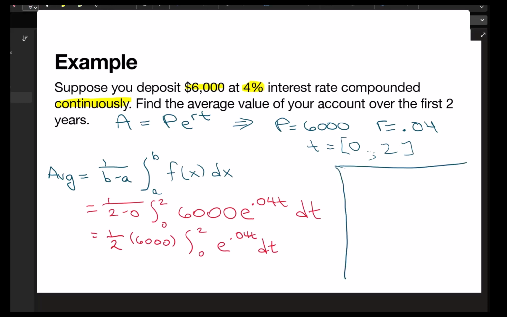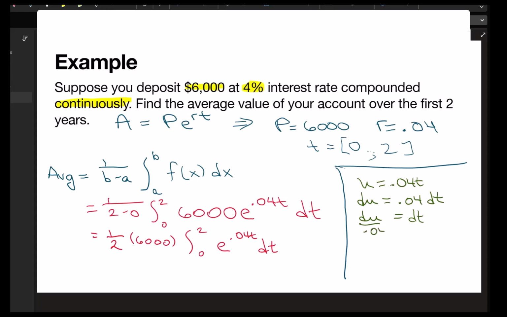I don't have a formula for the integral of e to the 0.04t dt, but I can use substitution. u is equal to 0.04t, du is equal to 0.04 dt, and if I want to solve for dt, I'm going to divide both sides by 0.04.